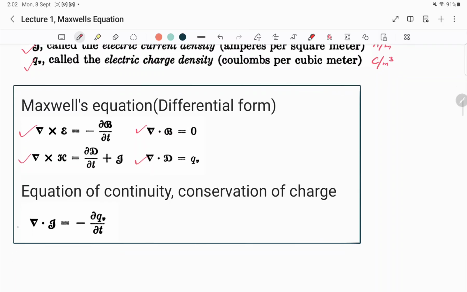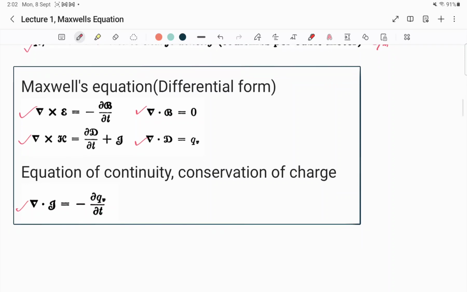Okay, and this particular equation is called the equation of continuity, and it represents conservation of charge. It is written as the divergence of electric current density J is equal to negative time derivative of the electric charge density QV. Okay, so this Maxwell's equation has been written in differential form.